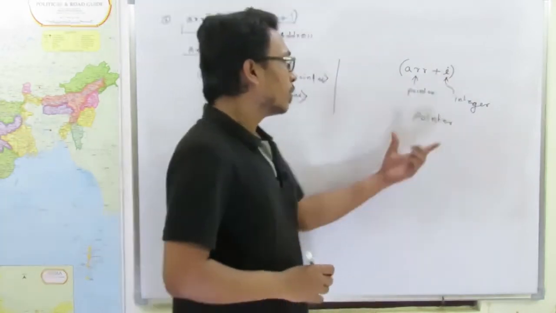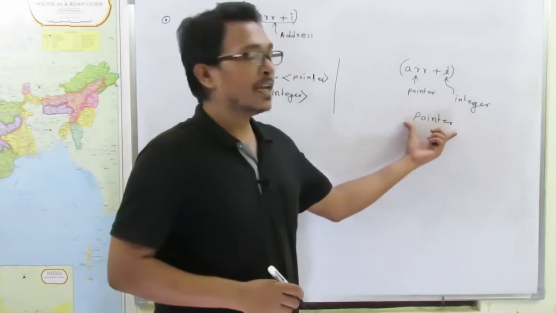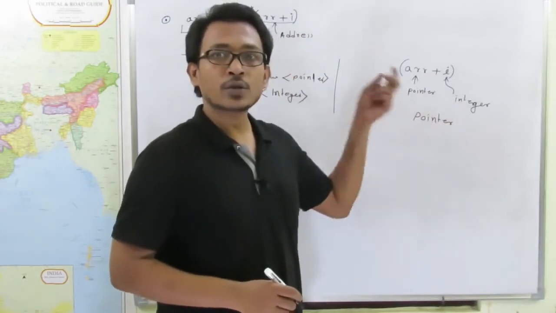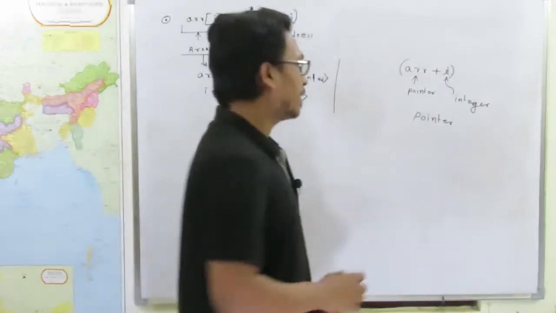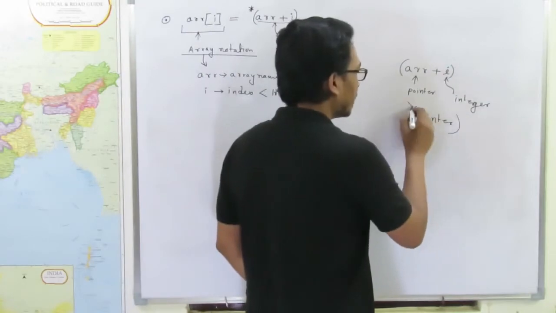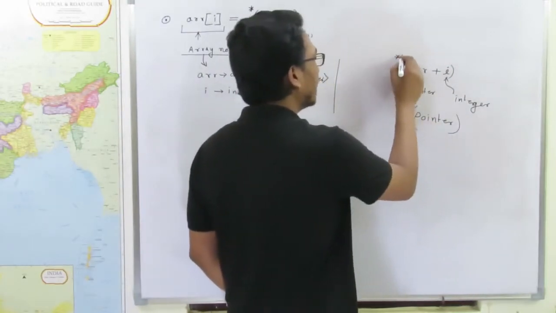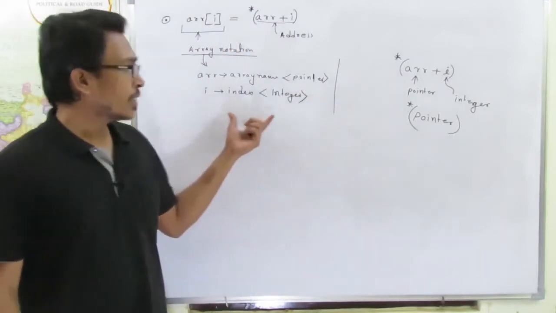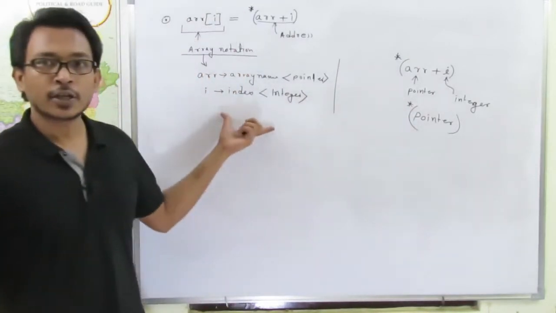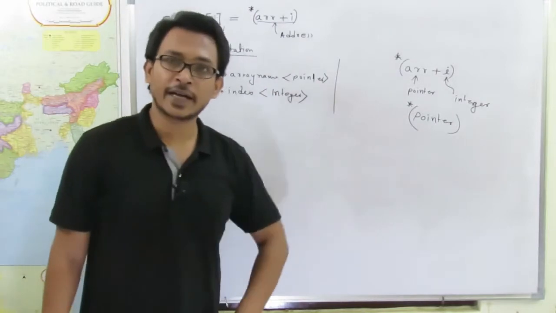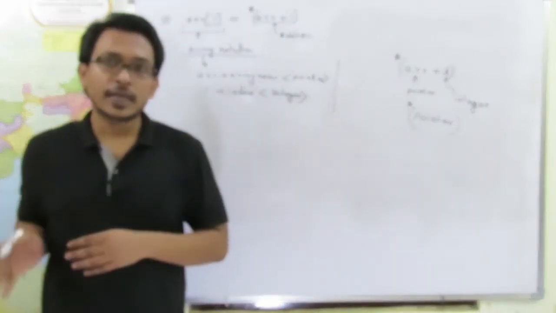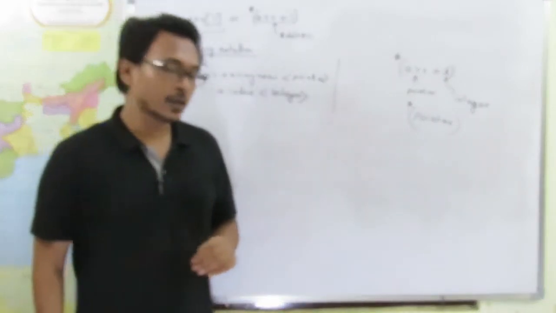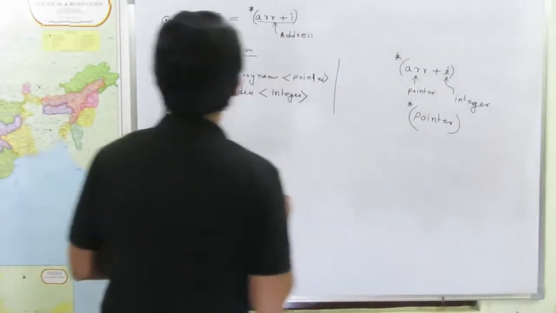Clear? Now we want to access the element from this particular address or pointer. Because of that we need to use the indirection operator here. Clear? So that is how pointer notation and array notation work in case of an array to access each element of the array. Clear? So let's take an example.